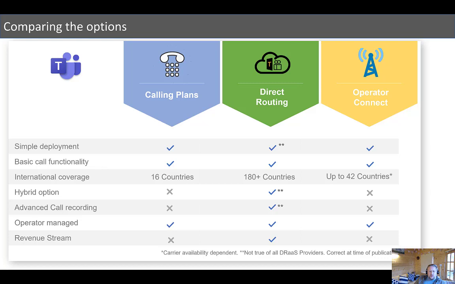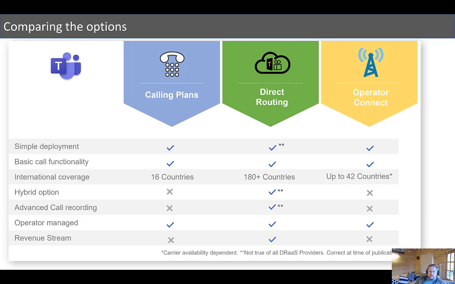So then one of the most important things I think when you're looking at the future growth of your business inside Microsoft Teams is what kind of coverage you can get in terms of number availability. If you're a small company, you may only need numbers in one country, but that still has to be within the 16 countries that are currently supported by calling plans. Similarly with Operator Connect, currently the most that I think is supported by any one operator is about 42 countries.